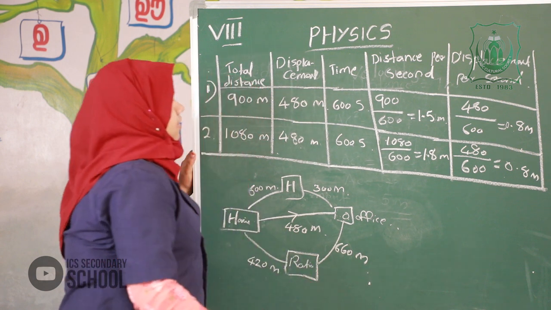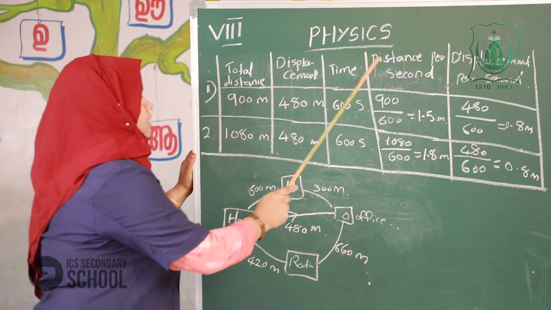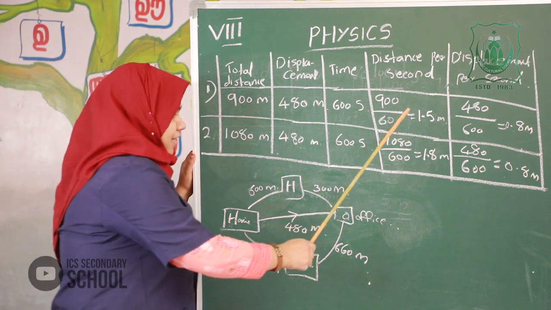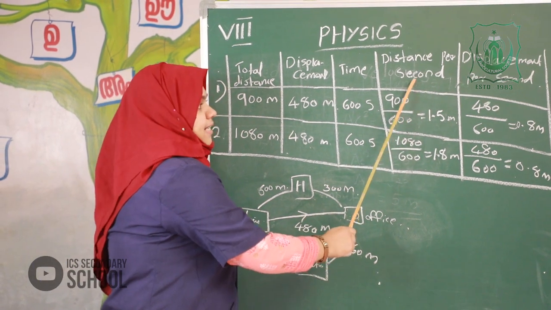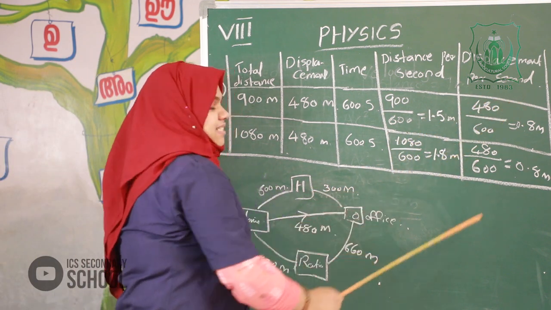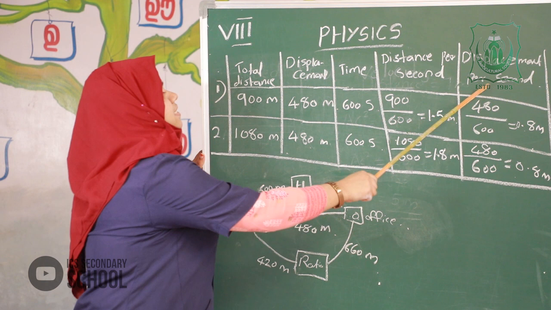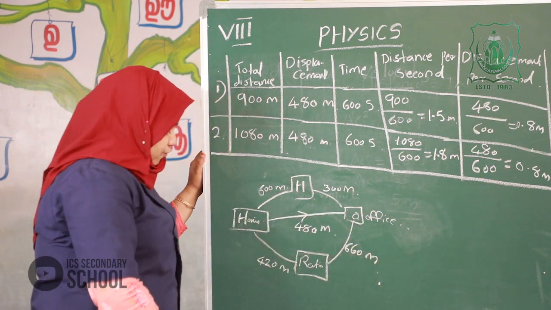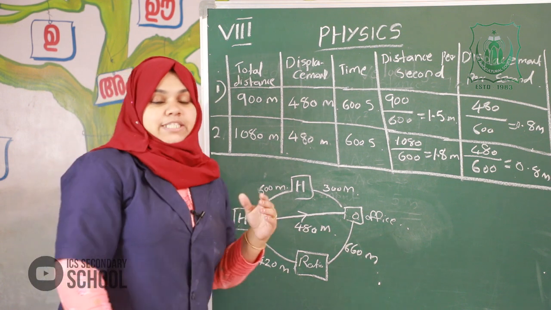From this table we can understand distance per second, that is the speed. How to find out speed? Speed is the distance per second, and displacement per second is the velocity. So what is speed?